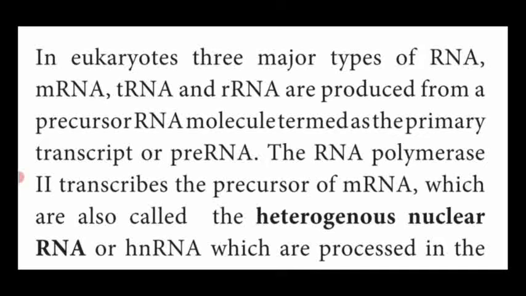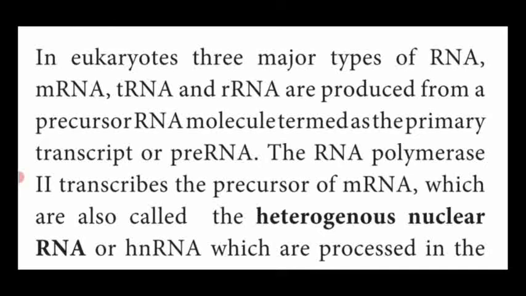This precursor RNA molecule is termed the primary transcript or pre-RNA, the forerunner. From this RNA, they produce the other types of RNAs, that is tRNA, mRNA and rRNA.